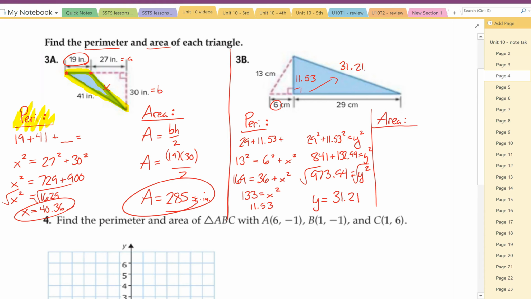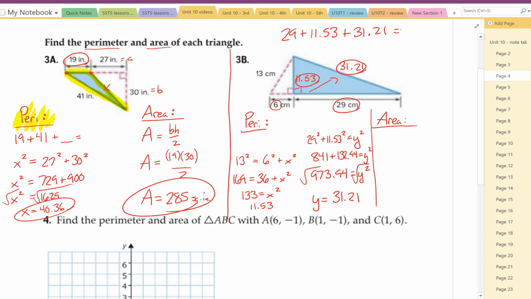Now I have all three sides of the triangle. So I'm going to erase this from here. I have 29 plus 11.53 plus 31.21, right? 29 right there, 11.53 right there, 31.21 from right there. I'm going to add these three together.